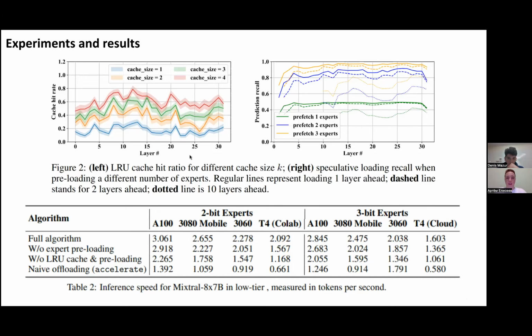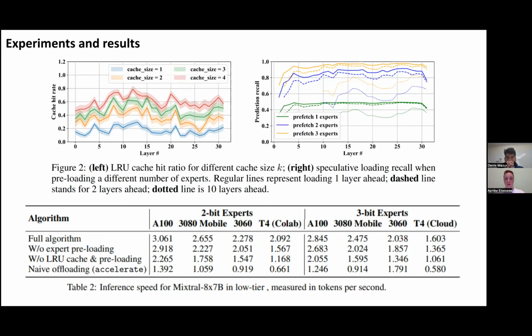If we have cache size of 4, it's the red line. We have around 65% cache hit rate. Basically, that means that whenever we need to use an expert, there's a 2/3 probability, like 65%, that it will be already on GPU, simply because of LRU caching.